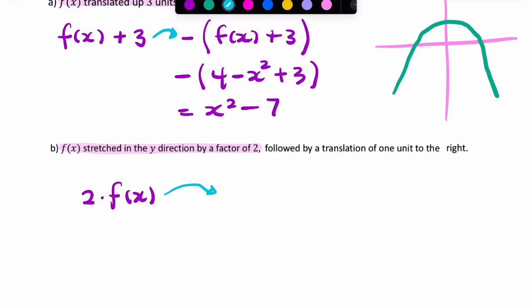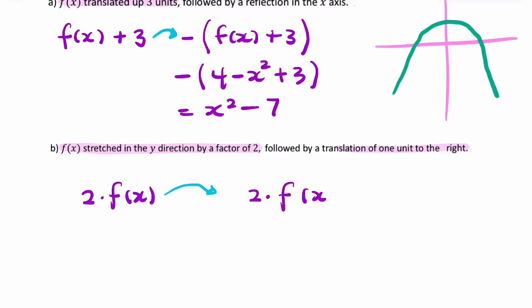The second transformation is a translation to the right. So when you translate to the right, you subtract, in this case, 1 from x. So we end up with 2 times f of x minus 1. So this minus 1 is equivalent to a translation of 1 to the right.